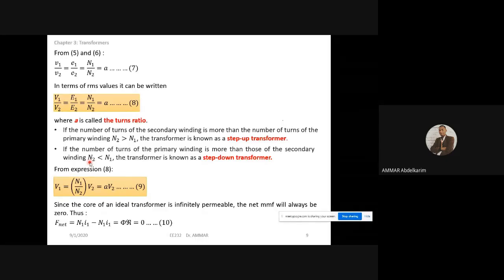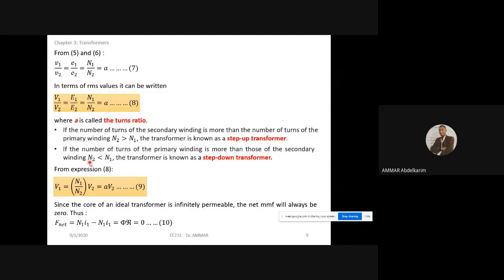In the first case, the step up transformer, N1 is low voltage: the primary is low voltage and the secondary is high voltage, because N1 is less than N2.